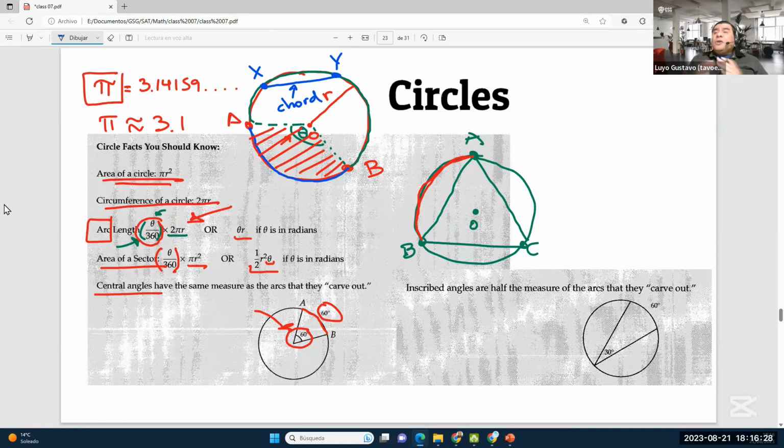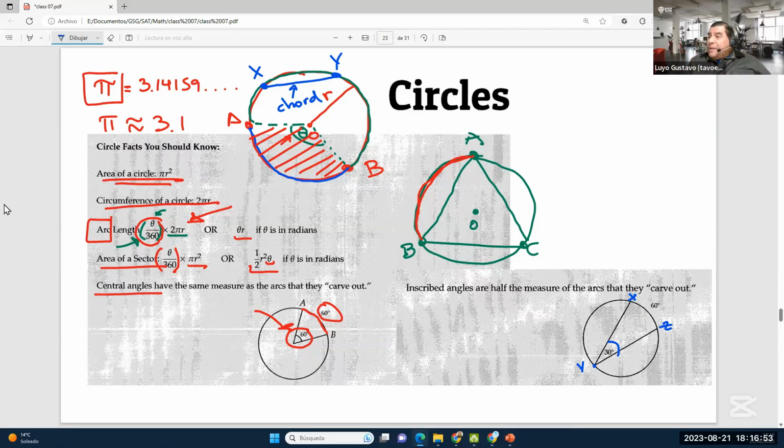Okay, so if you have two chords in a circle and they have a common endpoint, that endpoint is called an inscribed angle. Take a look. So you have, for example, point X, point Y, and point Z. The two chords, XY and XZ, form an angle here. This is called an inscribed angle. But now take a look.